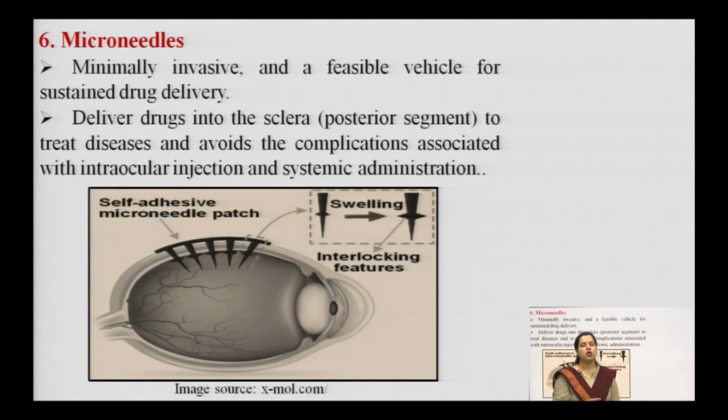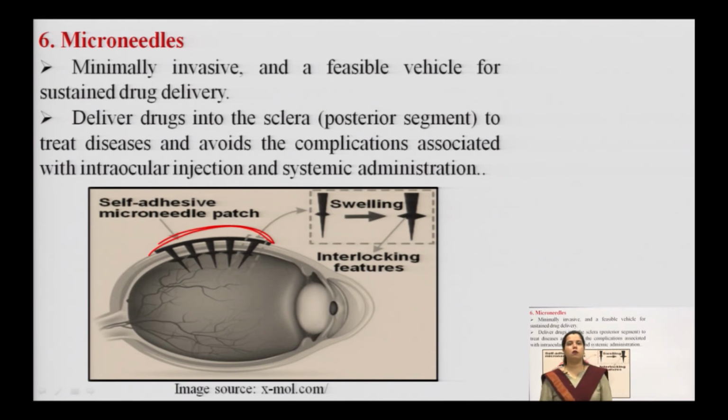Next is microneedles. Microneedles are again an advancement in ocular administration of drug. You see in the picture that these are microneedles. This shape is considered as the microneedle, and this is a self-adhesive microneedle patch.